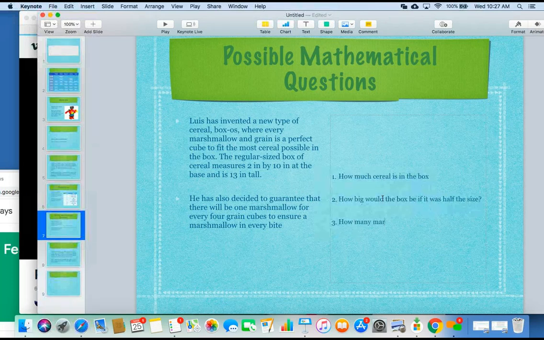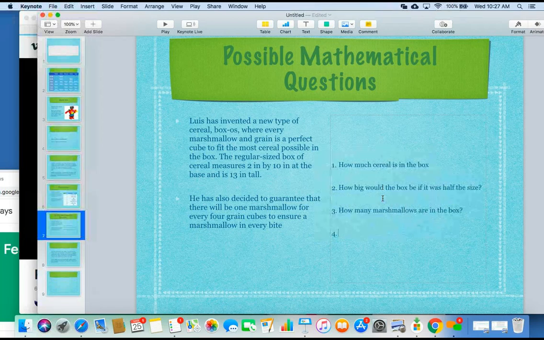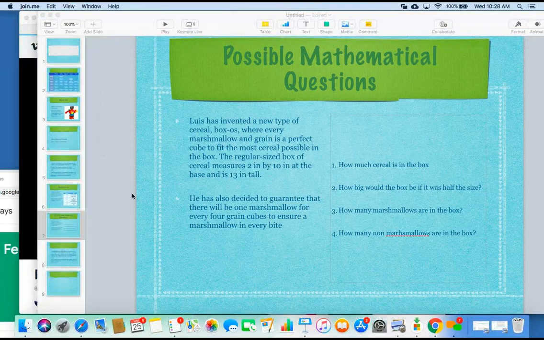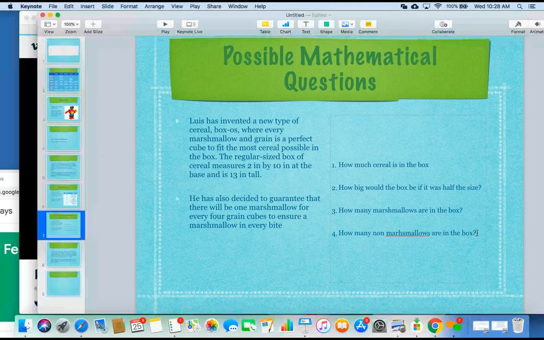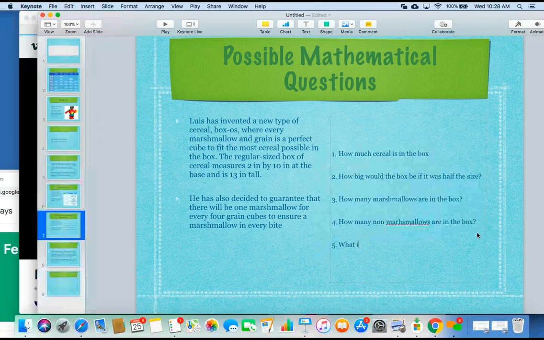How many marshmallows? Non-marshmallows. What is the area of the box?